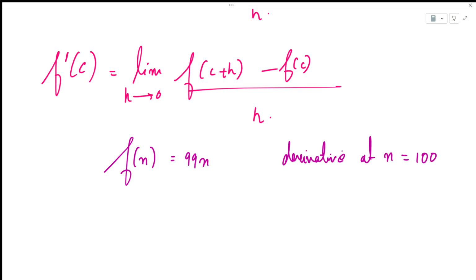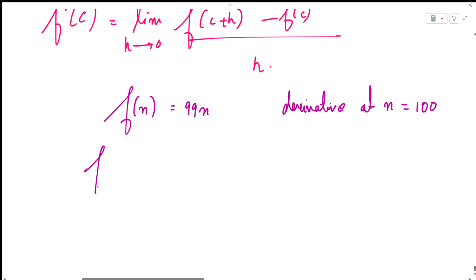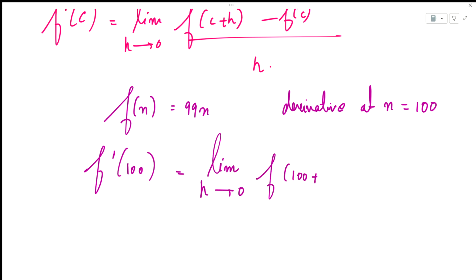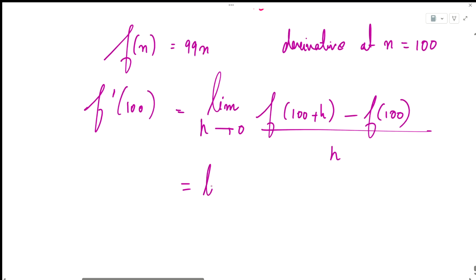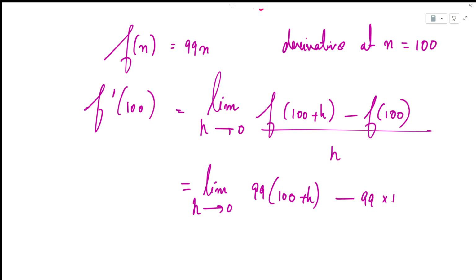So f dash 100 is gonna give me limit h tends to 0, f of 100 plus h minus f of 100 divided by h. This gives me limit h tends to 0, 99 into (100 plus h) minus 99 into 100, divided by h.